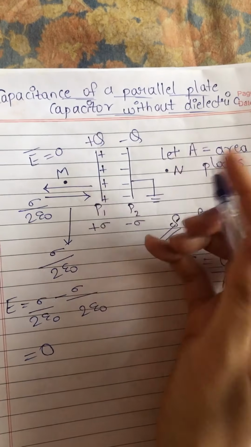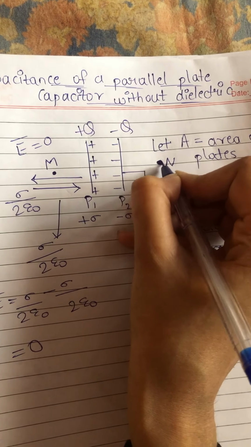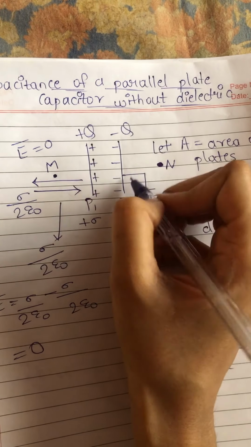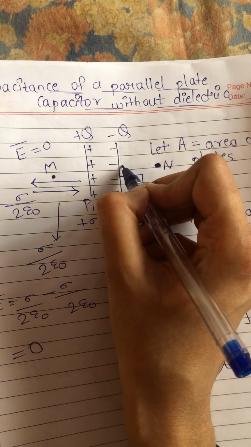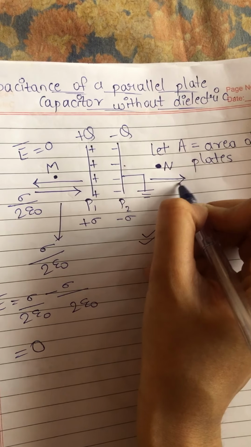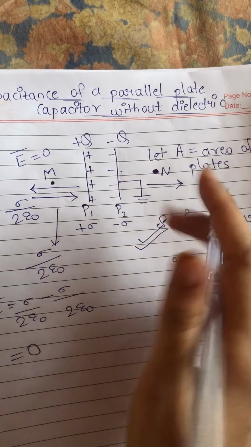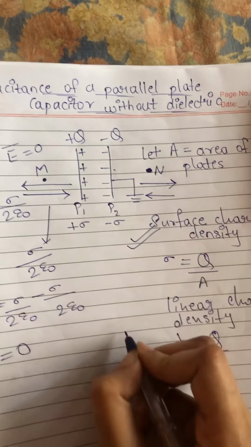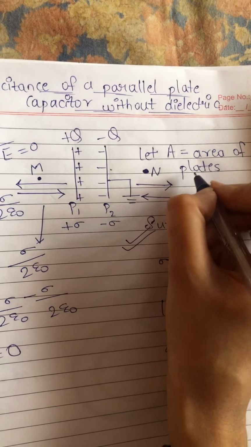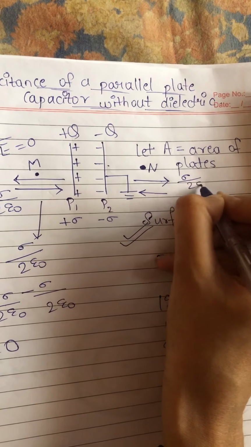What about at this point, that is at point N? So due to the negative charged plate, the electric field will be in this direction, and due to the positive charge plate, the electric field at this point will be towards this direction, and out of the charge plate the electric field is given by sigma upon 2 epsilon naught.